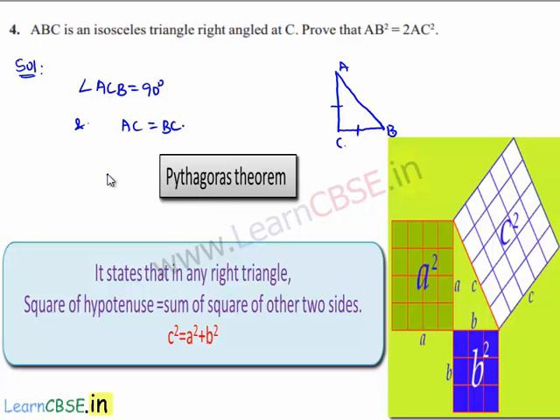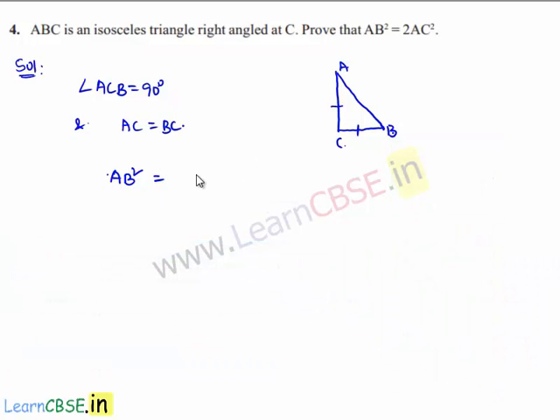So here we get hypotenuse square, that is AB square, is equal to sum of squares of other two sides, that is AC square plus BC square, which is equal to AC square, let it remain as it is.